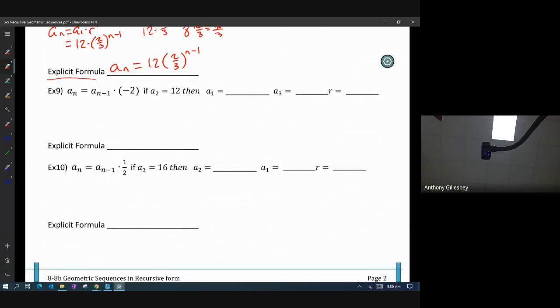All right, example 9. What's different here? They gave us a sub 2. I want to see, can you guys figure out what a sub 1 was? You got to first understand what this means, right? You have to understand what that's saying.